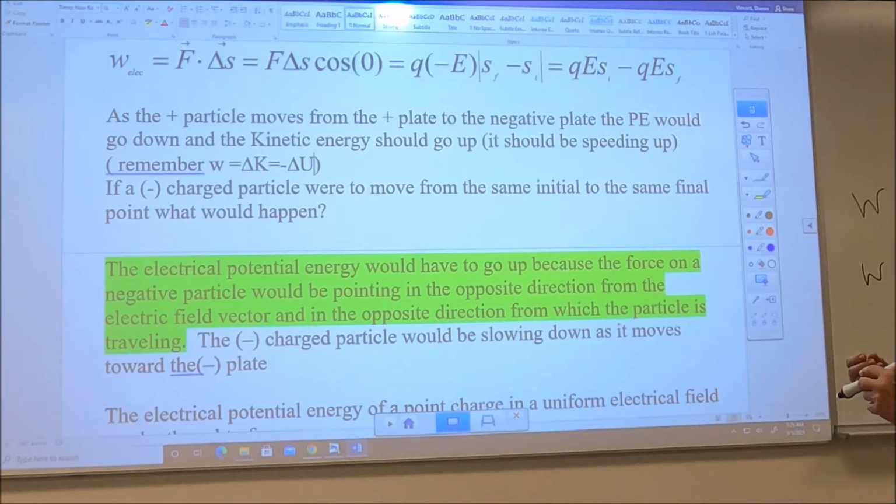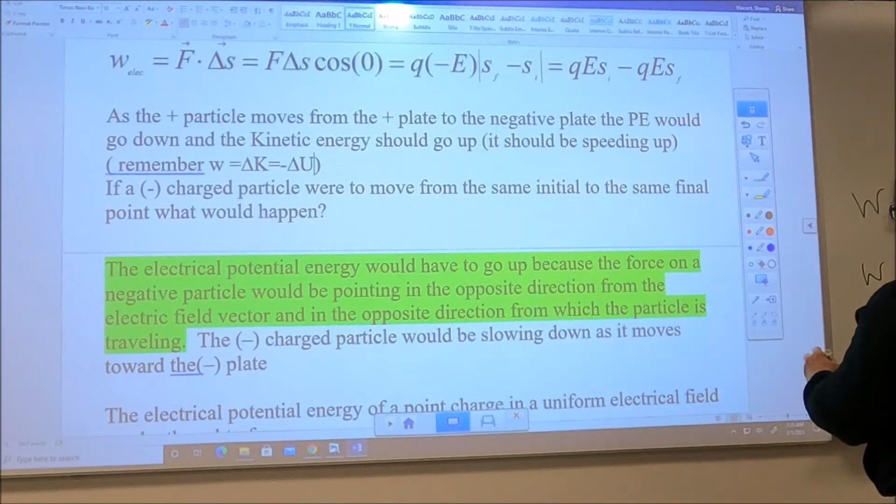So its potential energy would actually go up. So the electrical potential energy would have to go up because the force on the negative particle is pointing in the opposite direction from the electric field vector and in the opposite direction from which the particle is traveling. So the negative particle is slowing down as it moves toward the negative plate.